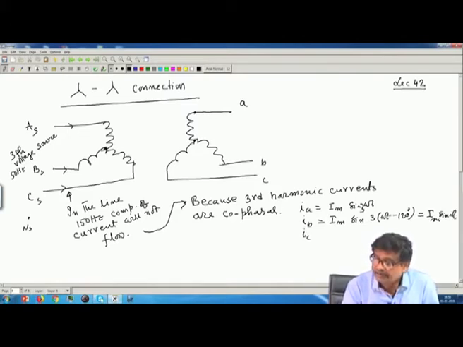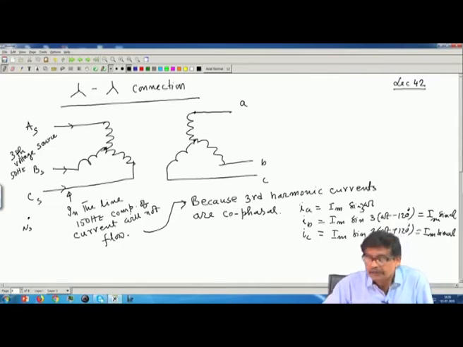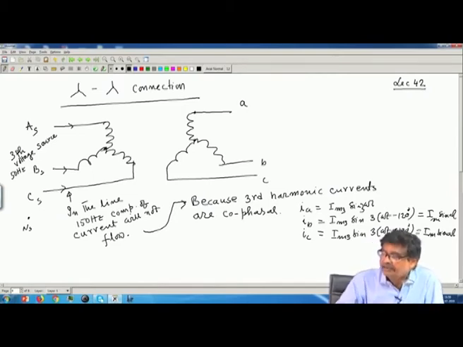And I C is also I M sin 3 omega t plus 120 degree, the same as I M sin 3 omega t. For the fundamental component, this will be sin omega t, this will be sin omega t minus 120. I M 3 is the third harmonic magnetizing current, it will be like this.